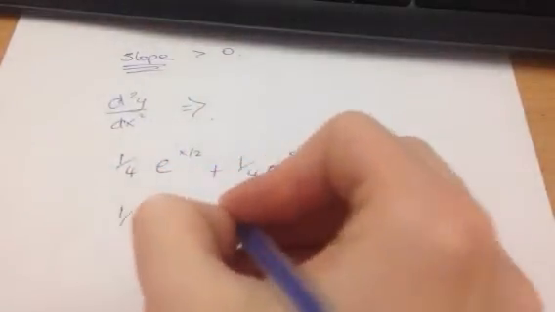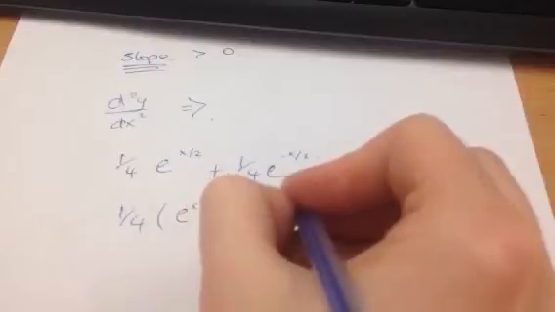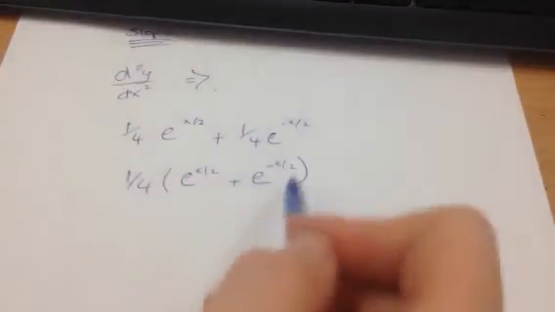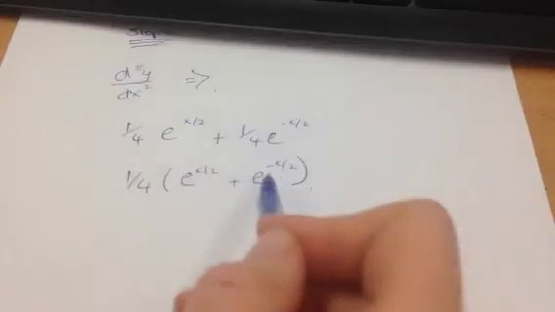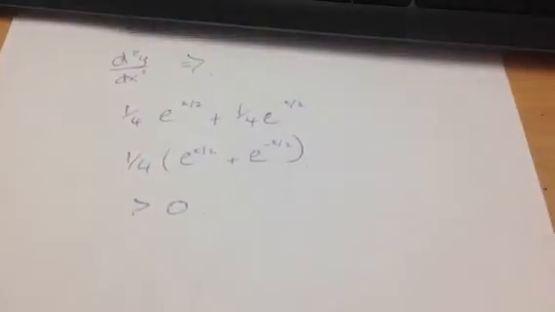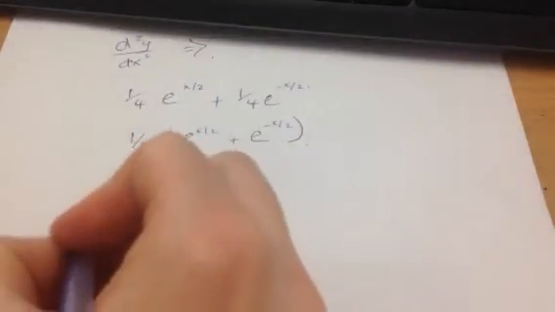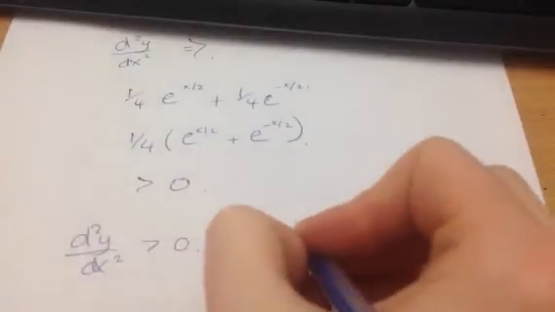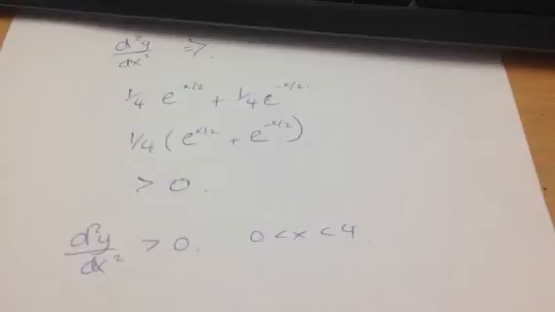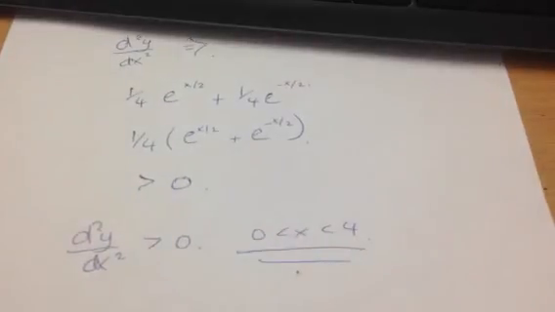I'm going to take the quarter out in common. If I look at this, for x between 0 and 4, I'm always going to get a positive answer here, times a quarter is always a positive answer. That is definitely greater than 0. So because the second differentiation is greater than 0 for x between 0 and 4, I know that the slope of the tangent is always increasing from R to Q.